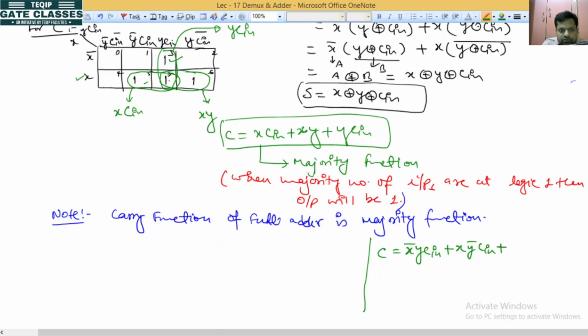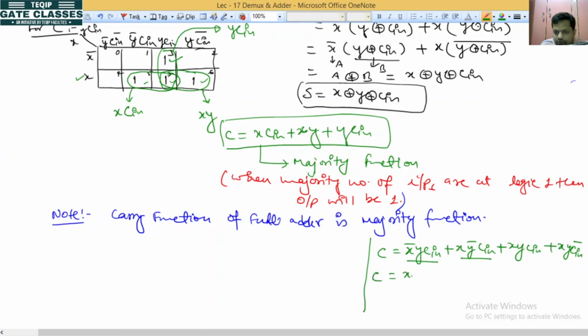So for this one we got x y c in plus here we got for this one x from here y c in. So x y c in bar. If you take common from this term and this term c in, then what happened?